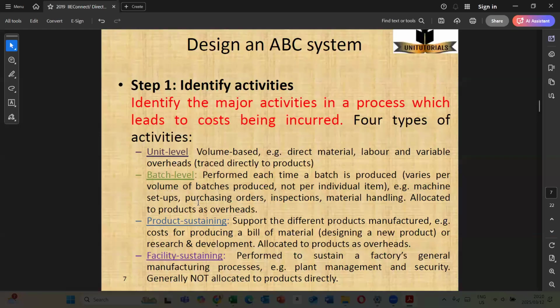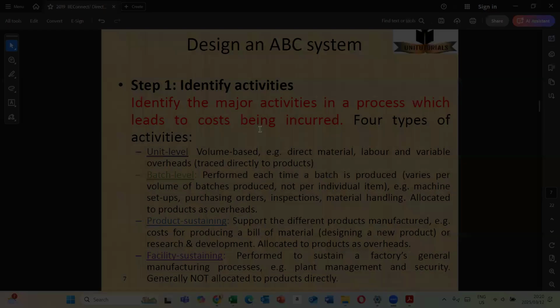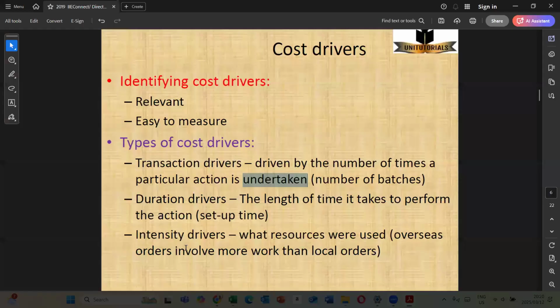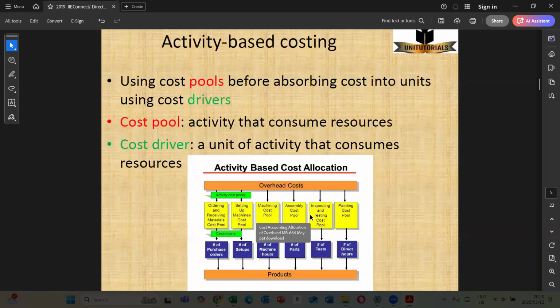In terms of the next part, please explain intensity drivers. Intensity drivers: this one we said we're looking at the resources that were used. In regards to this, we can have things like assembly cost.